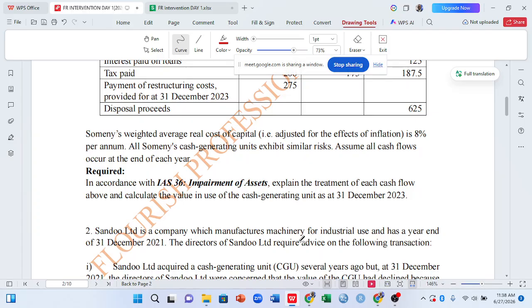All Somni's cash generating units exhibit similar risks. Assume all cash flows occur at the end of each year. Required. In accordance with IAS 36, impairment of assets, explain the treatment of each cash flow above and calculate the value in use of the cash generating unit as at 31st December 2023.